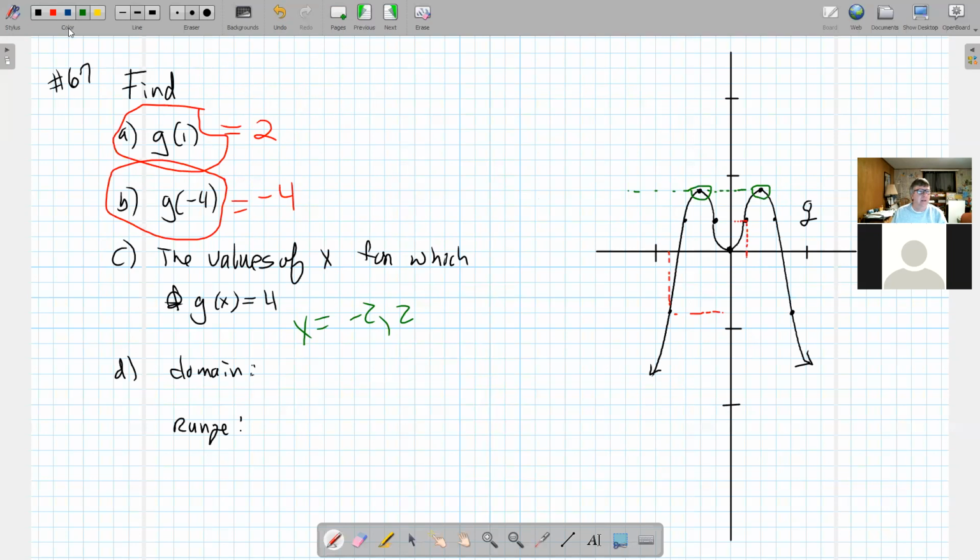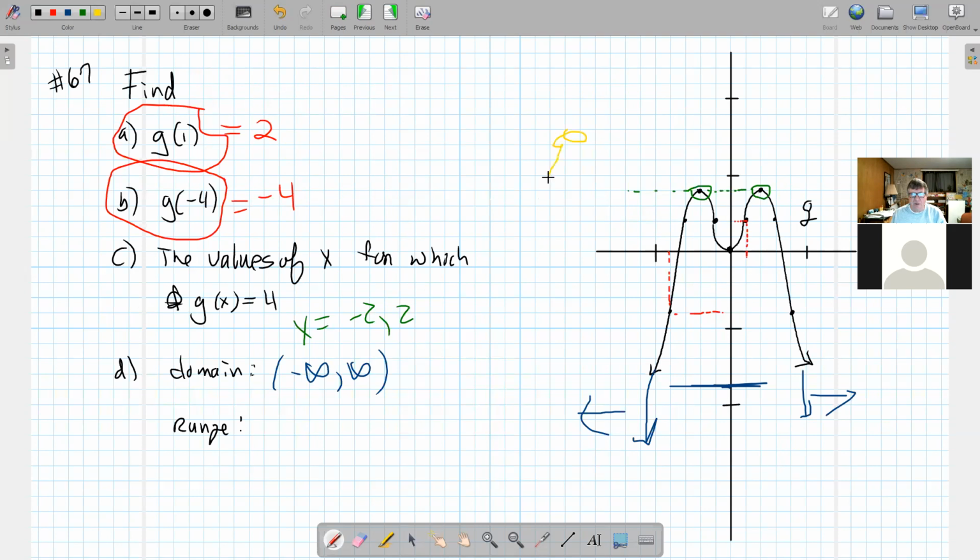All right. Let's see here. Domain, this thing is going down, but it's also going to the left. This is going down, but it's also going to the right, and it includes all these x values in between. So the domain would be from negative infinity to positive infinity.